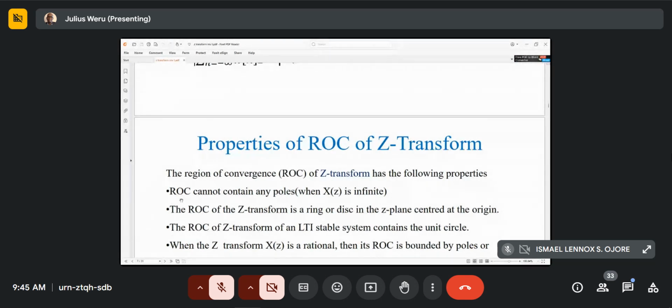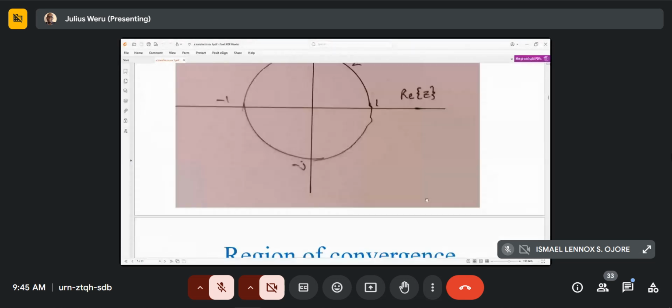So the region of convergence cannot contain any poles. The region of convergence is a ring or disk in the z plane centered at the origin. In this plane it will be a disk.